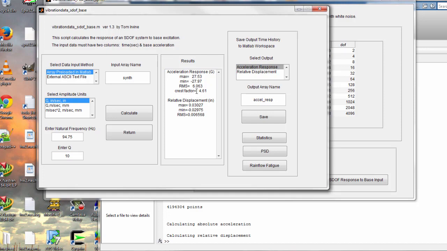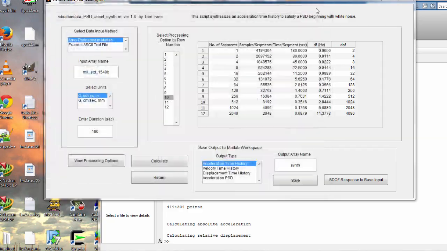In many cases, when people are doing these types of analyses for random vibration, they assume that 3 sigma is the worst case. Well, for our case, we have a 4.61 sigma peak. So if we just stop at 3 sigma, we are going to underestimate the fatigue damage and the stress levels for this component. So just keep that in mind.